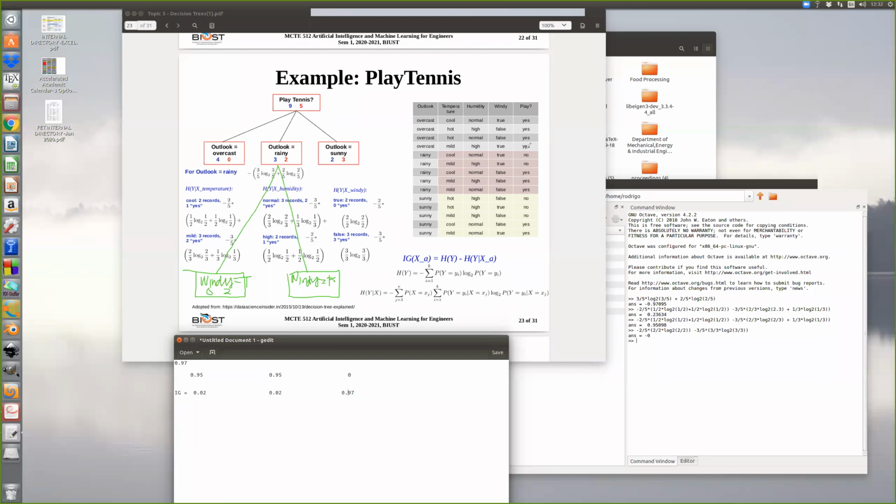And then for the windy that is false, 3 yeses and 0 no's. So as you can see, there's no need to split anymore. Once you reach there, that's the leaf already.